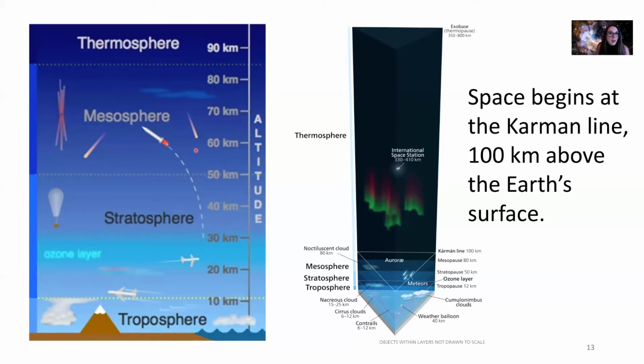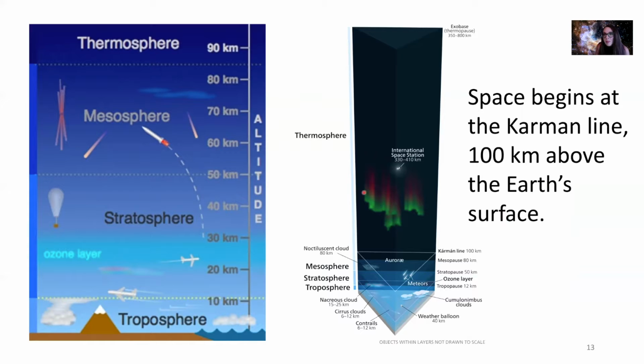And then above that, we have the mesosphere, which is where a lot of the meteors are kind of burning up. And then we have our thermosphere, the upper layer, okay, at about 90 kilometers above the Earth's surface. And there's a special place that we call the Kármán line, which is at 100 kilometers above the Earth's surface. And that's essentially where we say that space begins and our Earth's atmosphere ends.